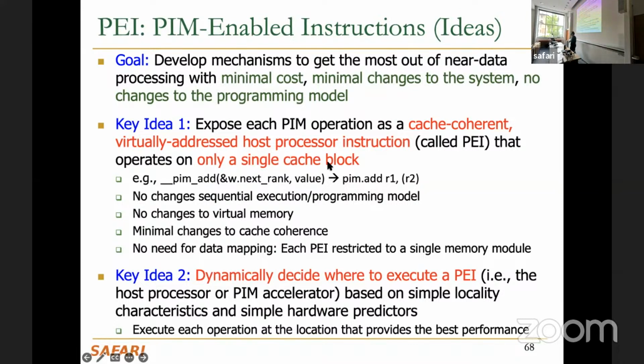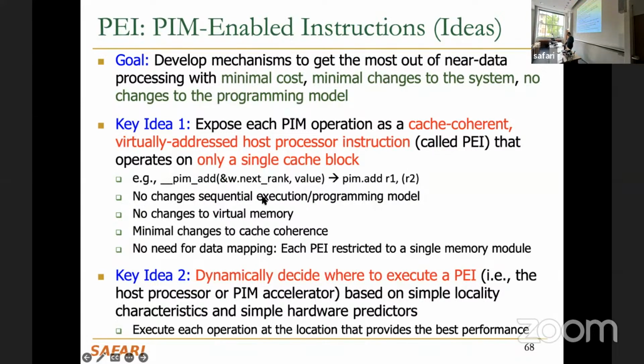Now, it's a bit different from SIMDRAM, as you can see. The reason we did this is to make sure that the instruction doesn't change. It's an instruction very similar to an existing instruction, except we could also ship it to the memory side. So, for example, you have a PIM-add instruction, and the programmer can do this, or the compiler can compile into something like this. It looks like this.